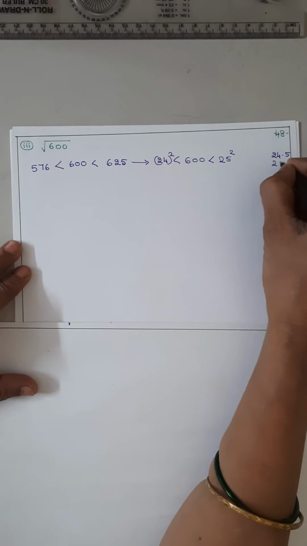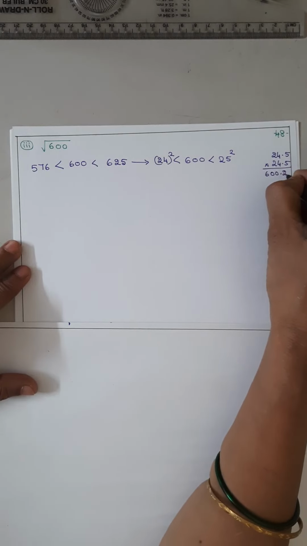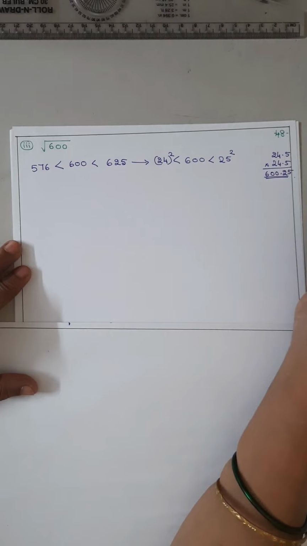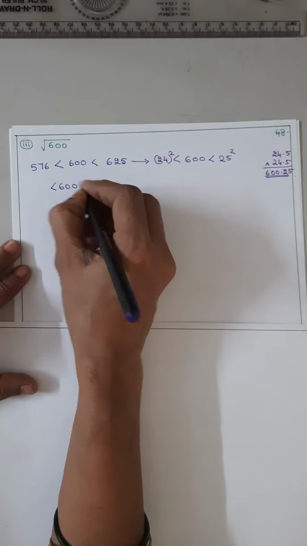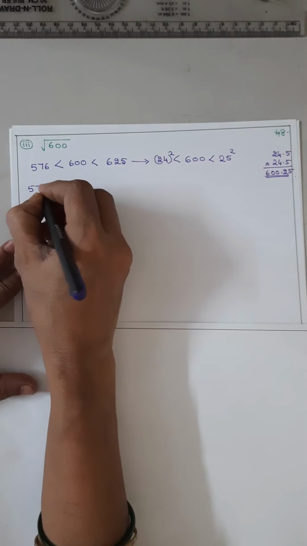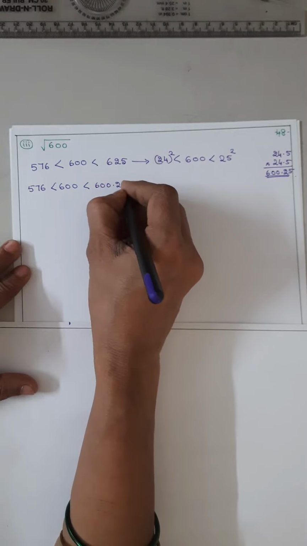24.5. So check 24.5, multiply and see, you will get 600.25. So 600 comes between 576 and 600.25.